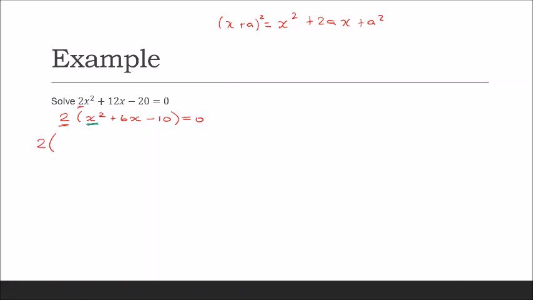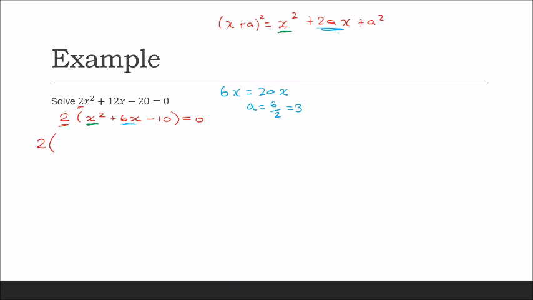So we've got green, green, and then we've got blue, blue. If I have 6x, and that is the same thing as my 2ax, what does that mean my a is going to be? My a is going to be 6 divided by 2, which is 3.